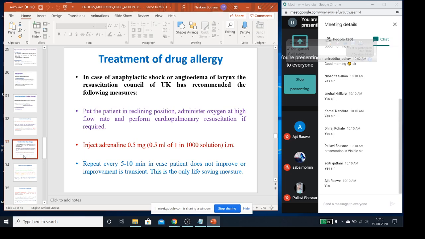Because adrenaline, we have seen, is a physiological antagonist. Actually there is no such thing as a physiological antagonist. It is made just for the concept, that physiologically they have actions opposite to each other. We cannot call it a physiological antagonist, because the basic definition of antagonism involves that they don't have intrinsic activity.